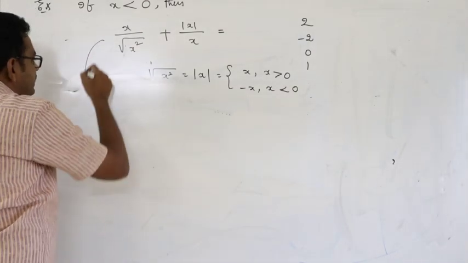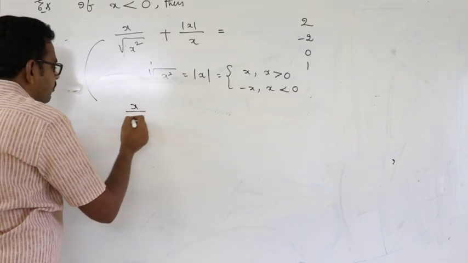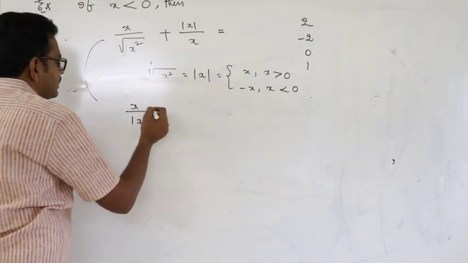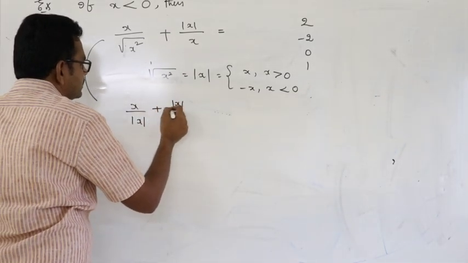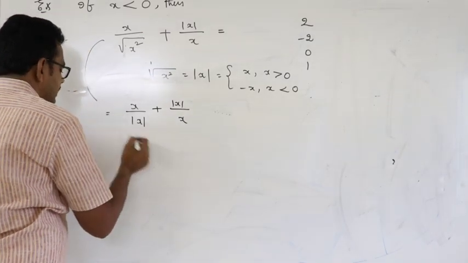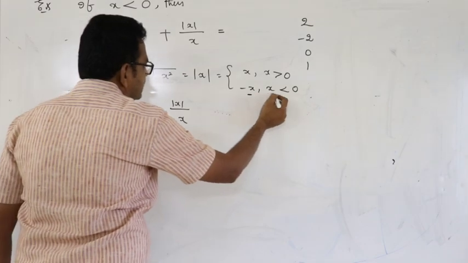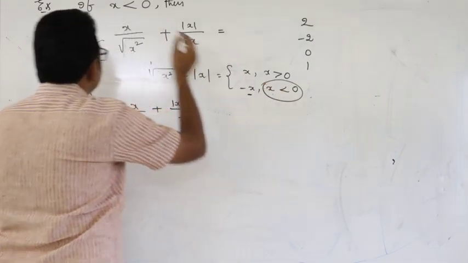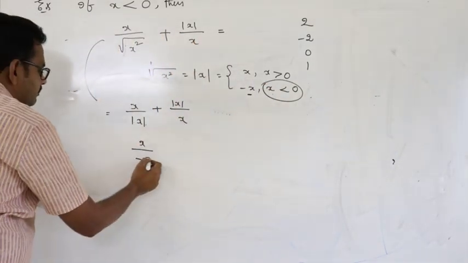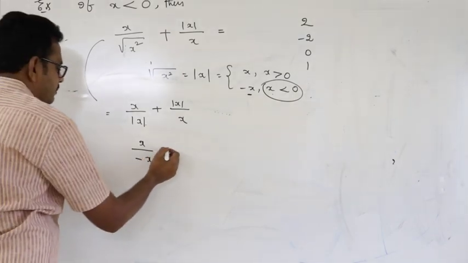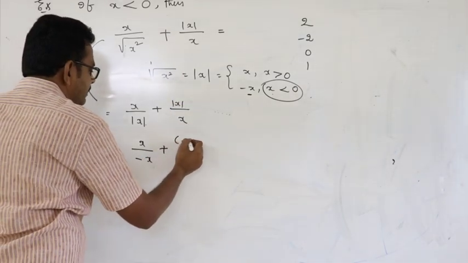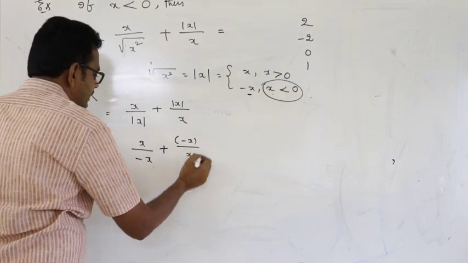So over here, x by root of x square plus mod x by x. That is, x by mod x is equal to x by minus x if x is less than 0; x is negative, mod x is minus x. Plus mod x by x is again minus x by x.